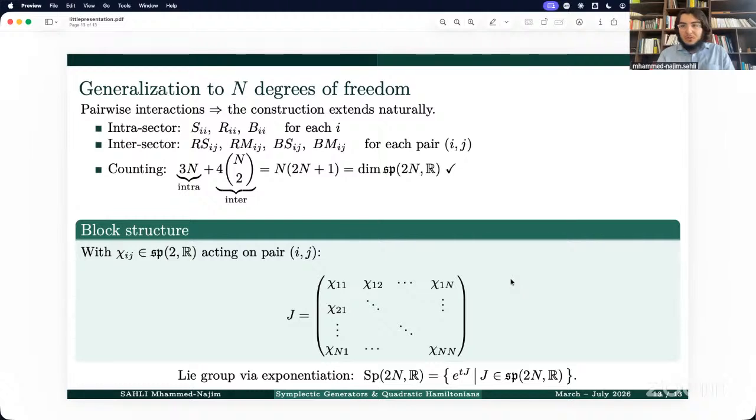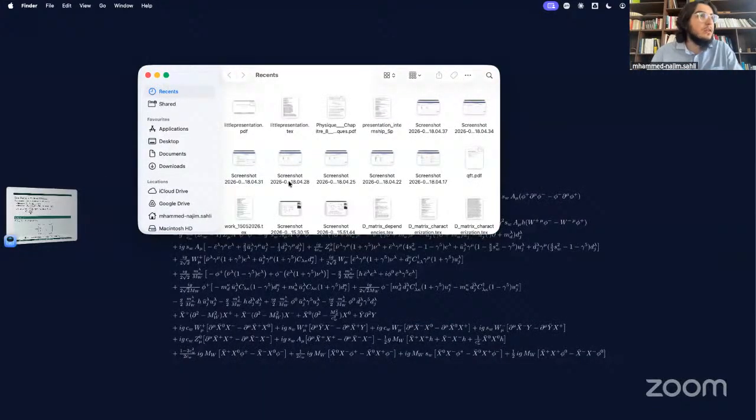I don't know if Gabriele, you want to say something about the determinant, the thing you were telling me on Wednesday. I think we should show the pictures first, right? Yeah. Okay, so the pictures.